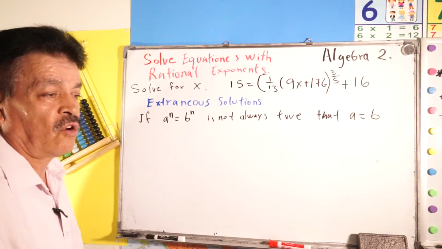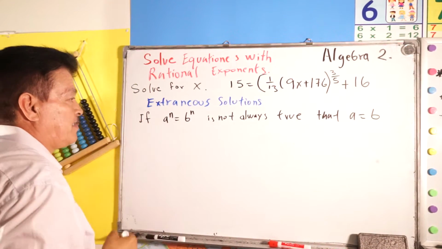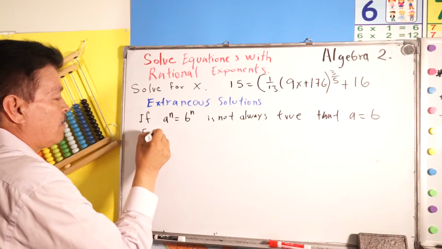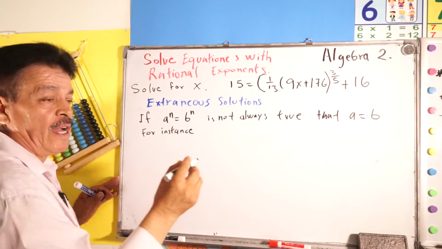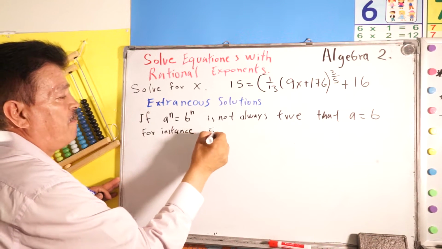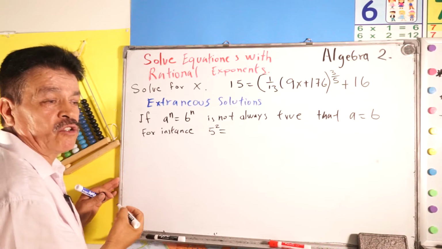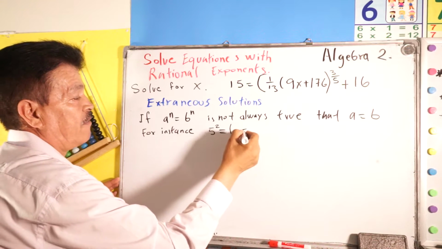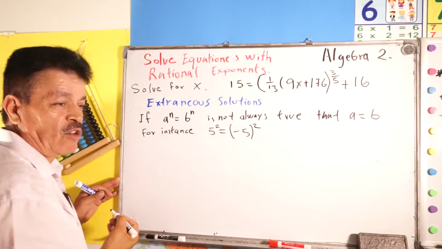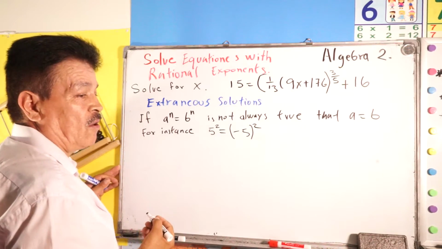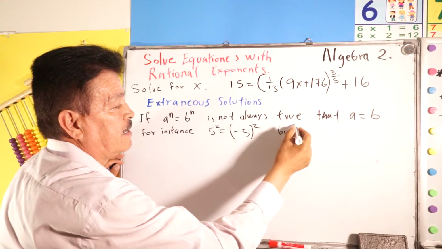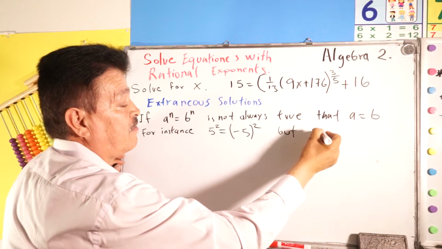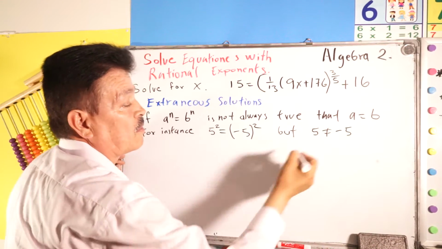For instance, 5 to the second power equals negative 5 to the second power, but 5 is different from negative 5, right?